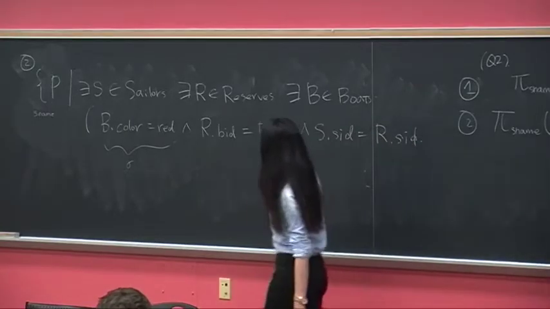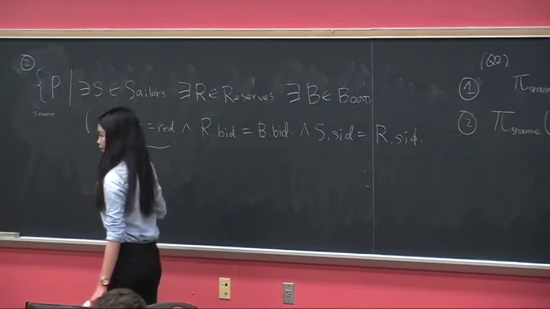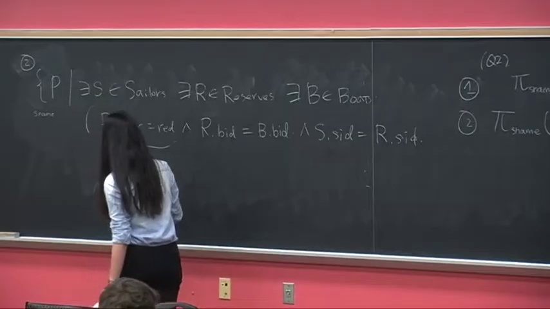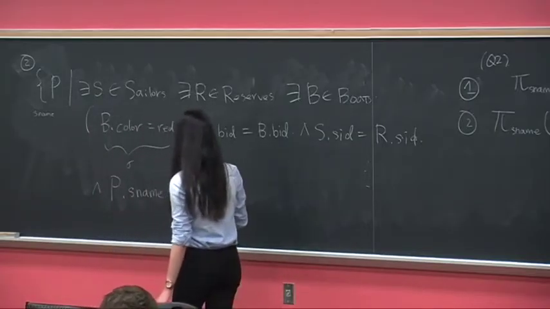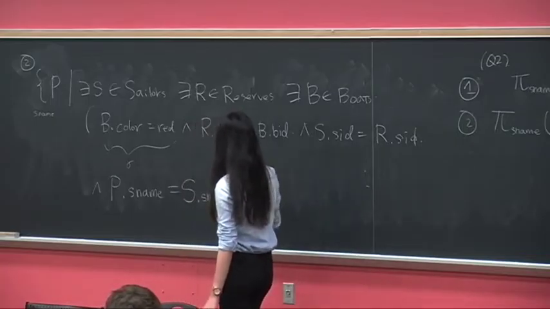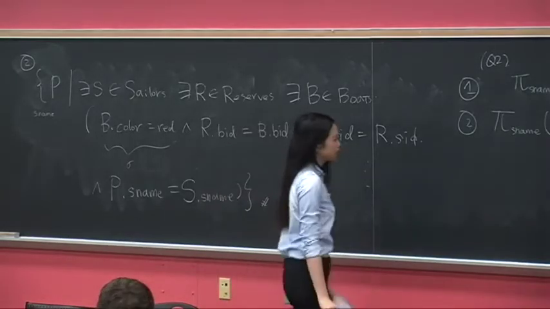What should we do if we want to then finally take care of the projection then? P dot S name comes from Sailor's S dot S name. Okay, all right. So that's for the first one.